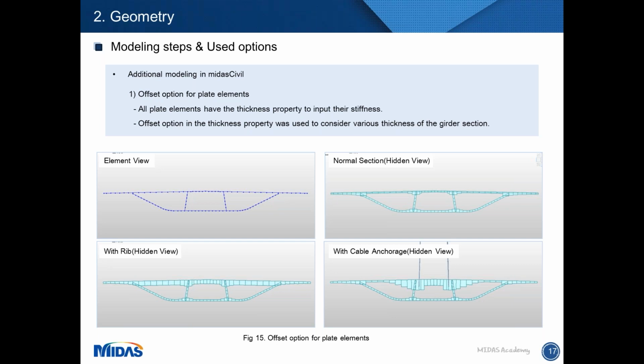And then I assigned different thickness properties to each element to consider tapered sections such as haunches and lips. Actually, a plate element cannot have tapered thickness, so I used average thickness for the both ends of one element.